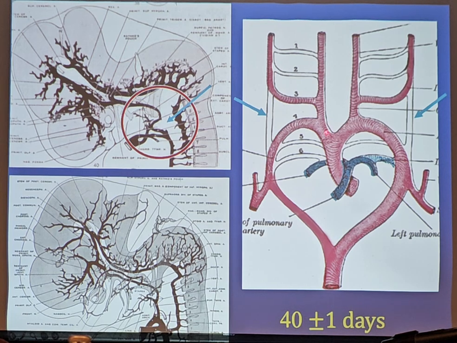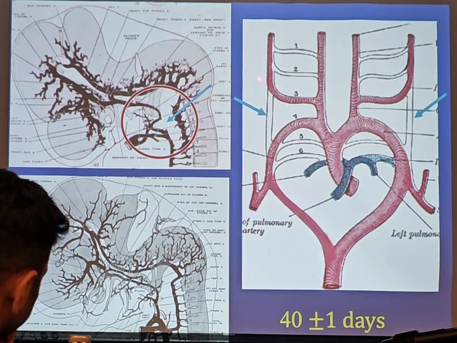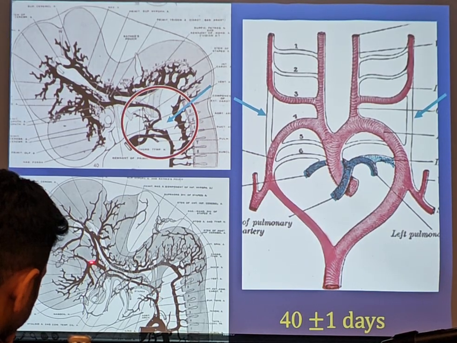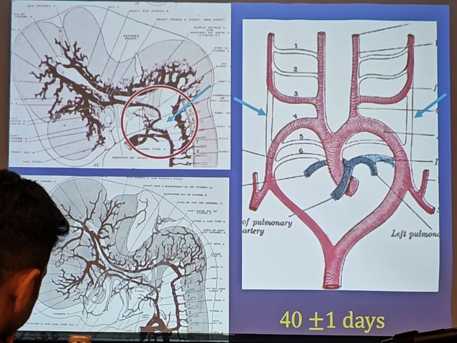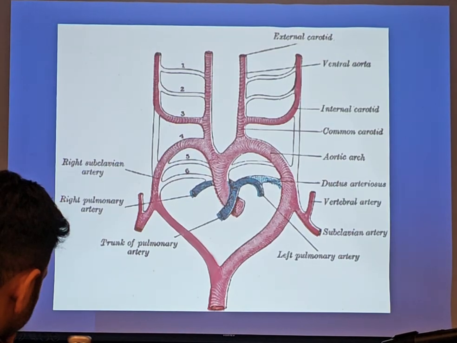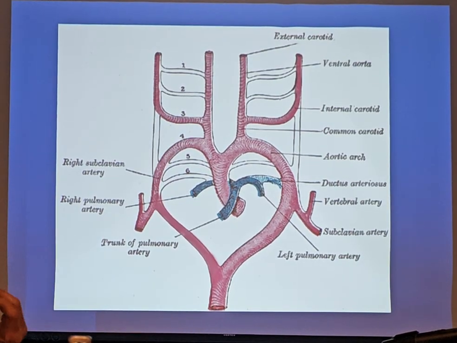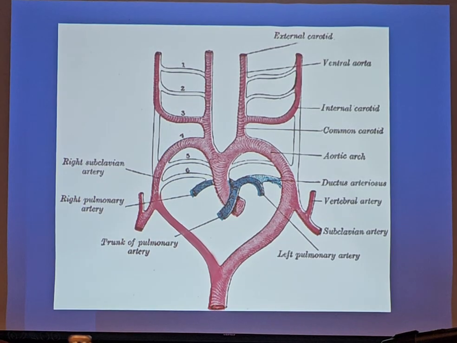Now we have an arterial trunk, ventral and dorsal aorta connected through the third aortic arch. Okay, that's what we see. The third aortic arch continues to the dorsal aorta. Then, from this arrangement, the next step happens.